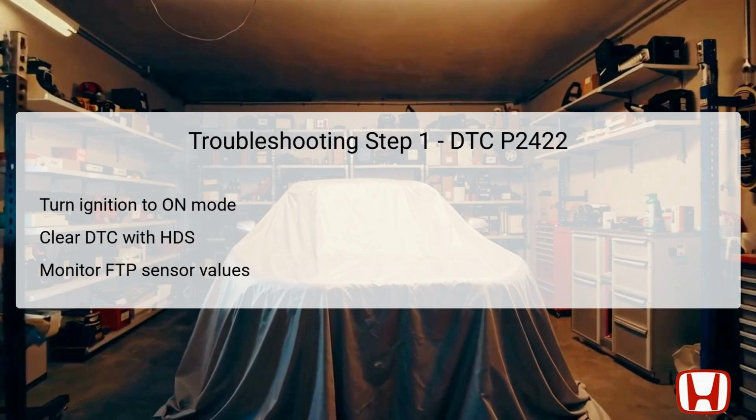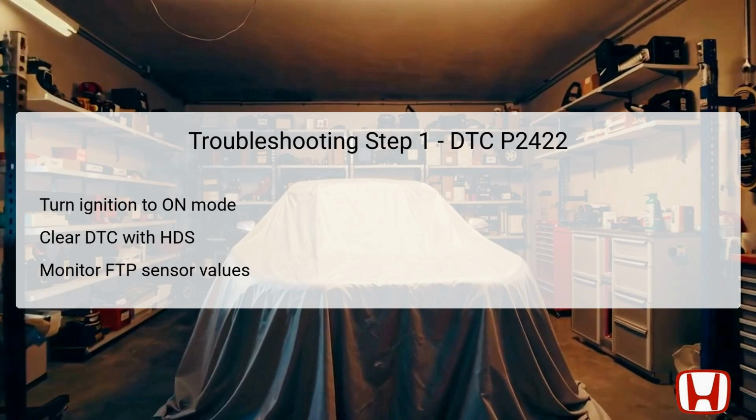The first troubleshooting step for addressing DTC P2422 requires the technician to turn the ignition switch to the on position while ensuring the vehicle is in the appropriate mode for diagnosis. After performing this action, the next step is to clear any existing Diagnostic Trouble Codes, DTCs, using the Honda Diagnostic System, HDS.